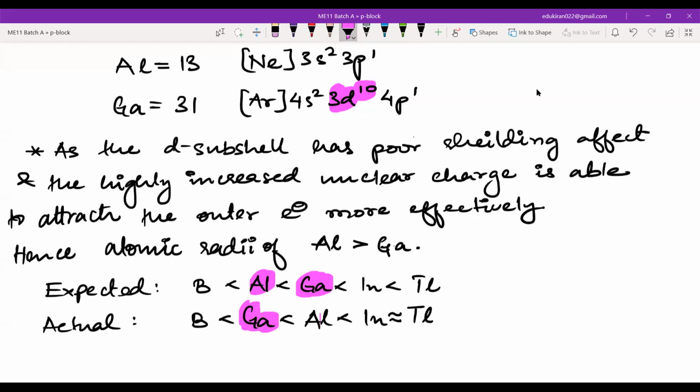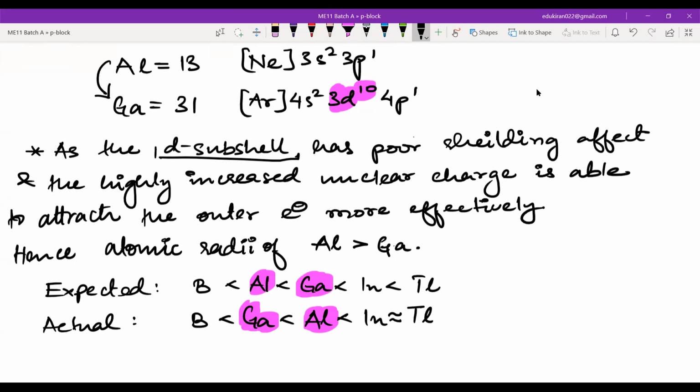Now the reason for that is the d subshell, which is poor in shielding, and there is a high jump in the nuclear charge. If you have a high jump in the nuclear charge, followed by a very good shielding effect, then it would be as expected.